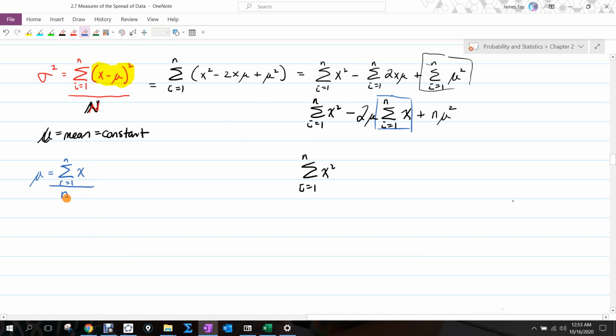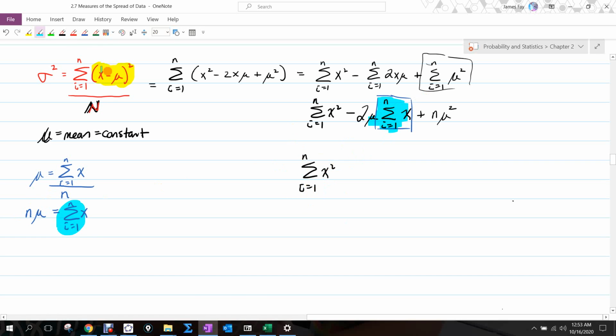Well, if that's how I find my mean, if I multiply both sides by n, I get n times mu is equal to the sum from i equals 1 to n of x. This thing right here is that right there. I can replace that with n mu.